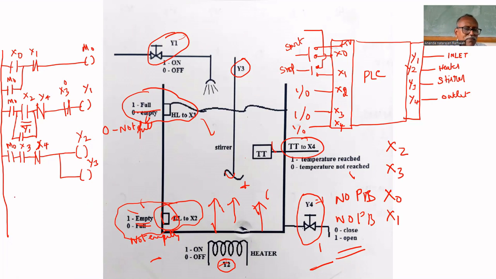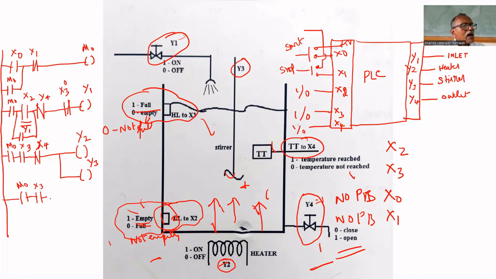So we need a timer. How to turn on the timer? When do we have to turn it on? To turn on the timer, M0 must be 1. Tank must be full, X3.